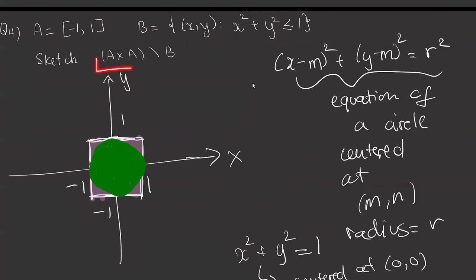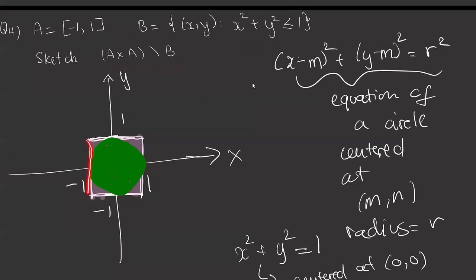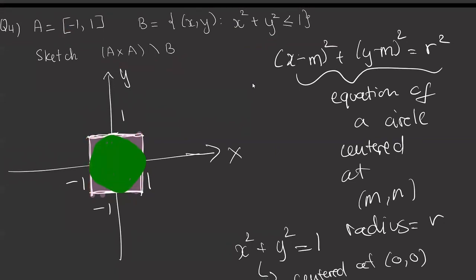And we want everything in the set A but not in the set B, which means I want everything inside this, including the border, because here it is a square bracket. So I want anything inside here, but not having green color.